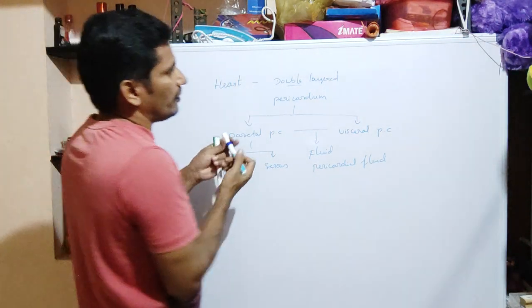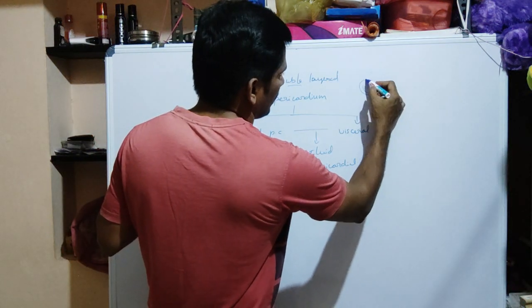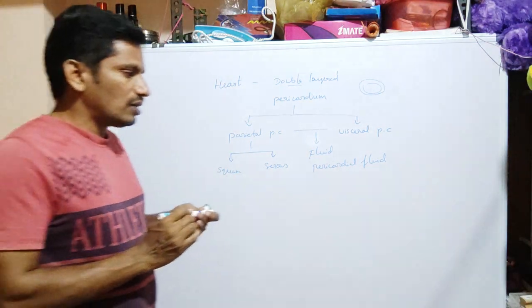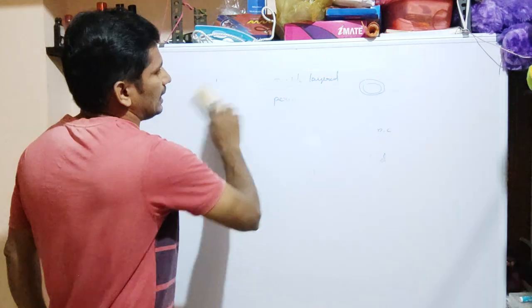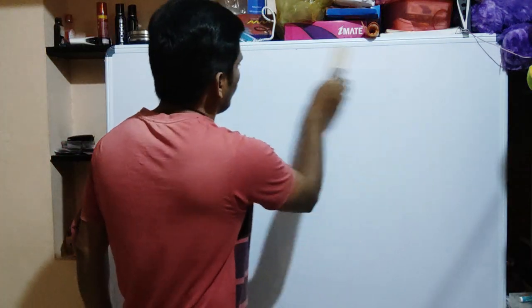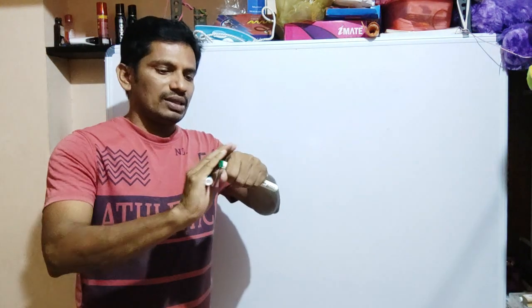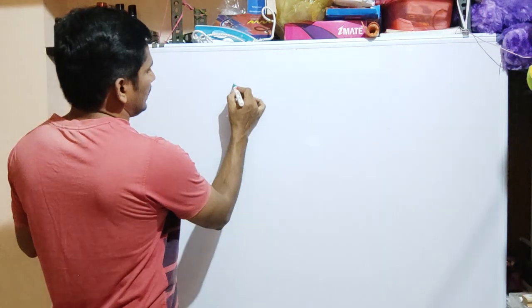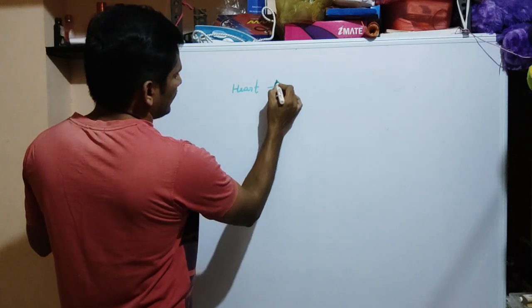So far we discussed only the outer covering. Now we are going to discuss the heart wall. The heart wall is made up of three layers.